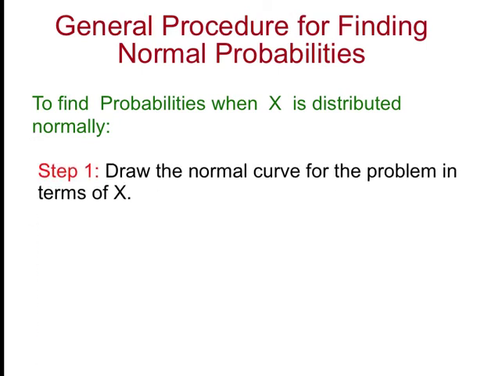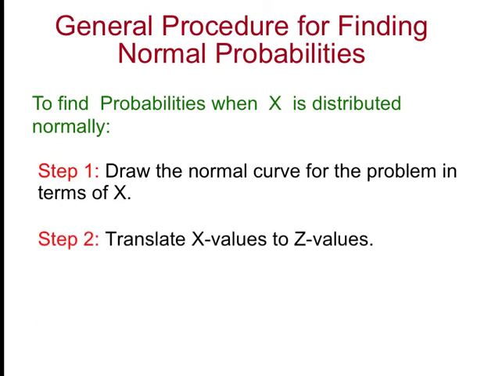To compute probabilities when a variable is distributed normally, the following 3-step procedure is recommended. The first step is to sketch the normal curve for the problem in terms of x. Secondly, use the mean, the standard deviation and the value of interest to translate the x value to the z-score.